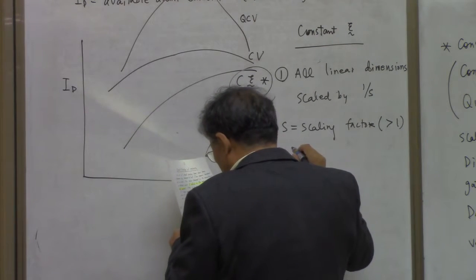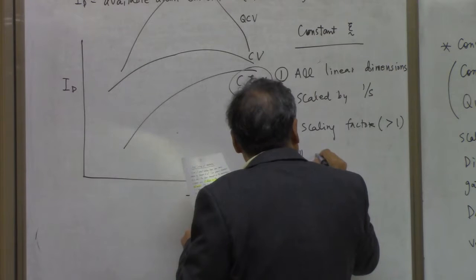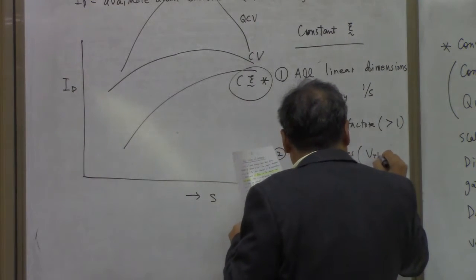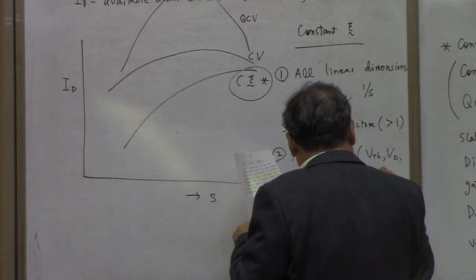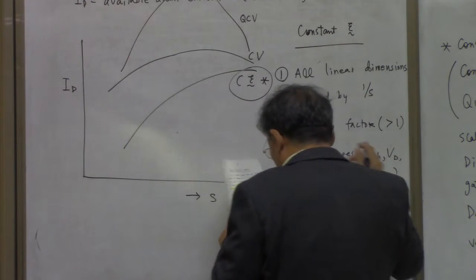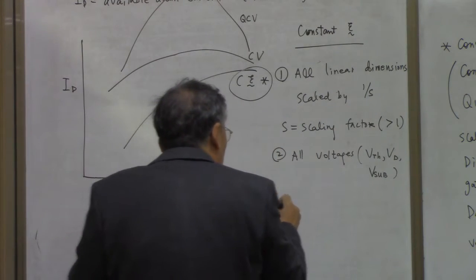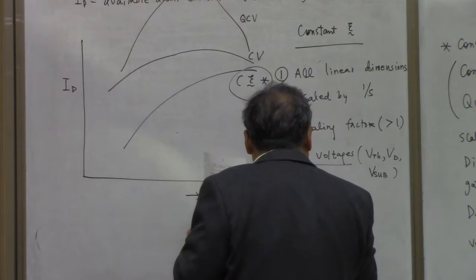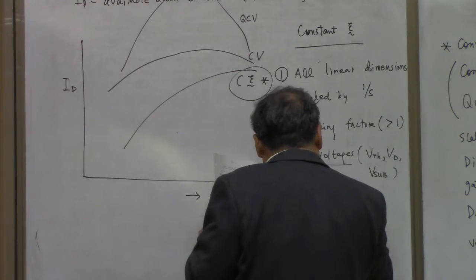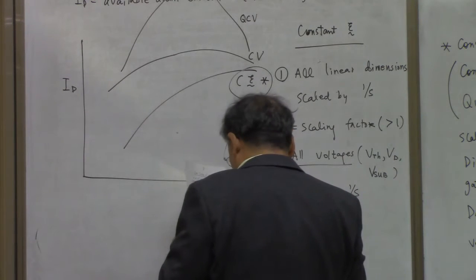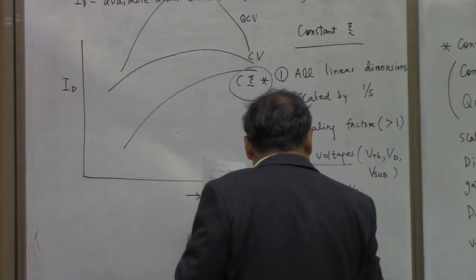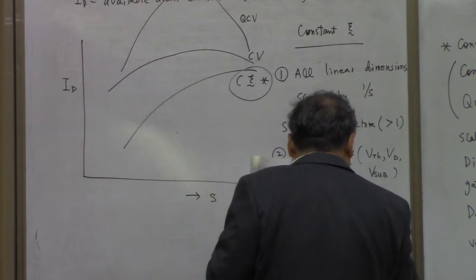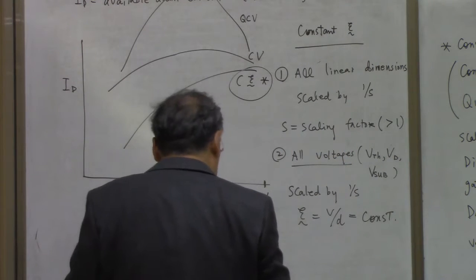And number 2, all voltages, like threshold voltages, drain voltages, substrate voltages, all these voltages are going to be scaled by 1 over S to keep the electric field, which is voltage divided by the distance, constant, okay?